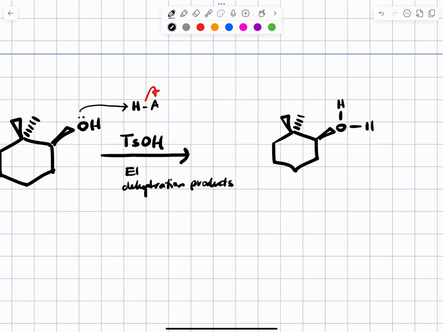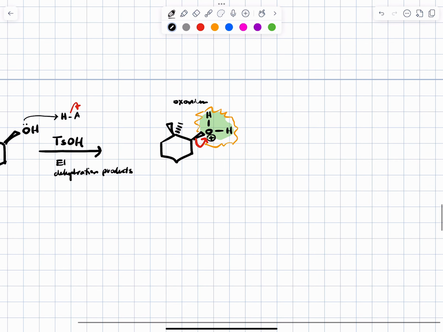If you understand the mechanism, you can figure out what the product should be. We just protonated the OH group to get this oxonium ion, which now has the fire leaving group. So we'll have the leaving group leave, and that will get us to a carbocation.